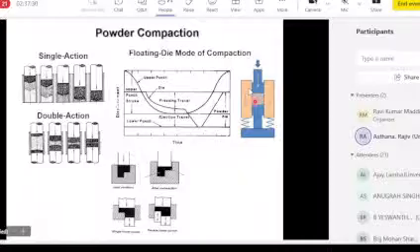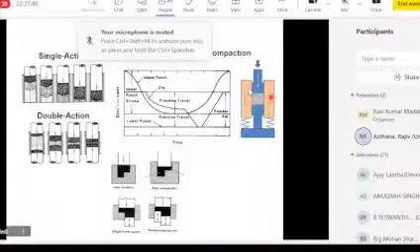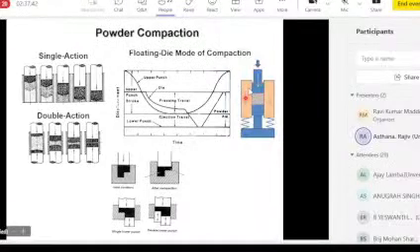As the top punch pushes down on the powders, the die also comes down along with it. So both the punch and the die are descending together. There is no relative motion between the punch and the die, so you reduce die wall friction. That's another way that powders are sometimes pressed.